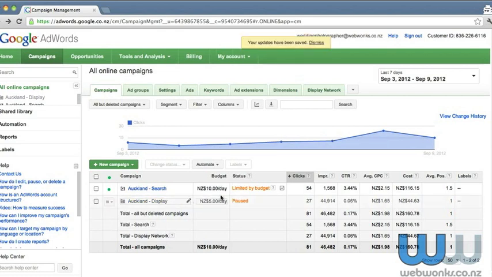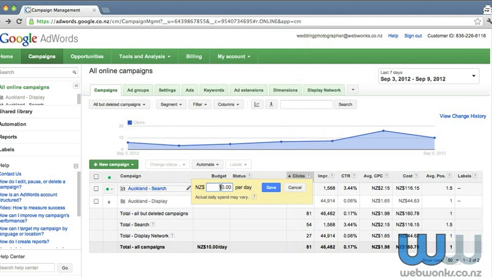Work out how much you can afford across a 30 to 31 day period, and then adjust your search budget. Now I know that $20 a day is going to be pretty good. So not only have we taken the $5 for the display network and put it into the search network, we've actually added an additional $5.